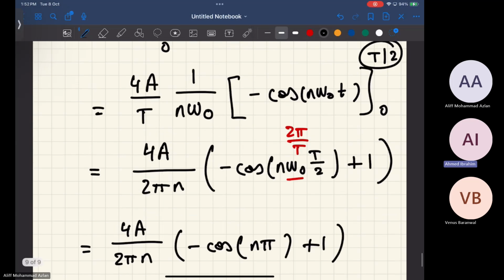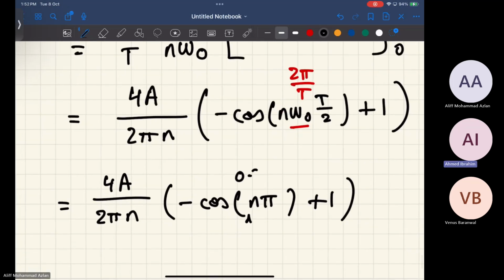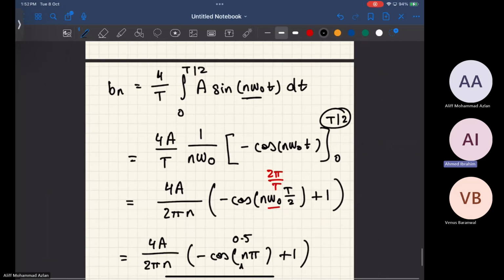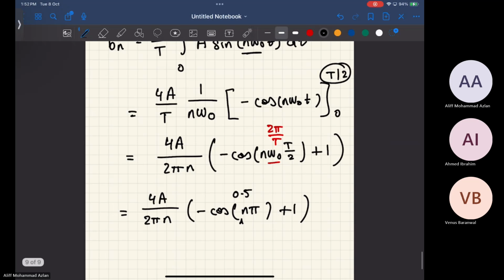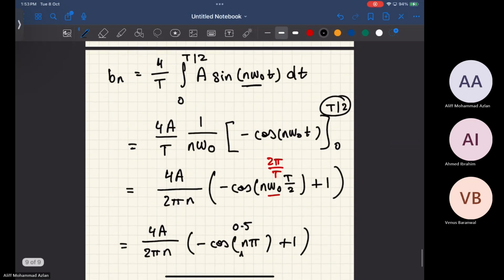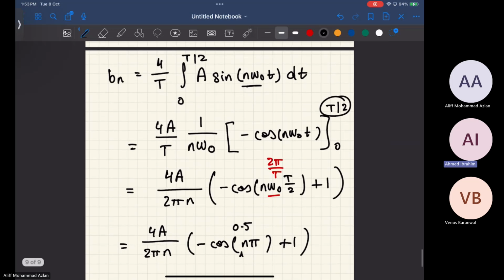I think there should be a half here. I think I might have missed it somewhere. The two from 2 pi cancel the over 2. Yep, that's right.